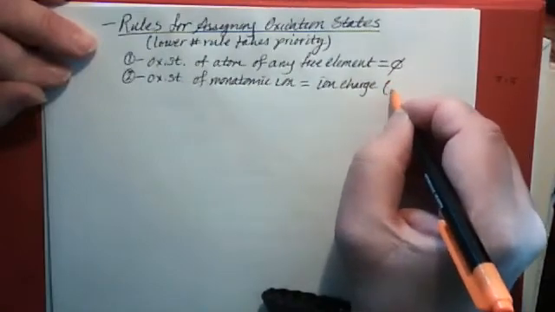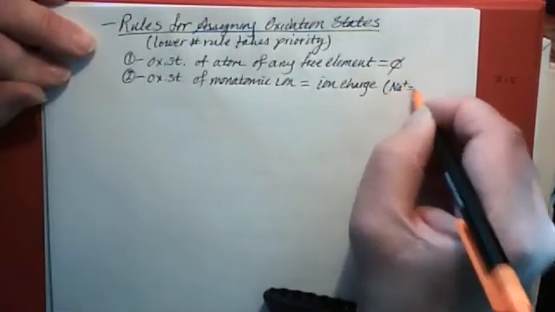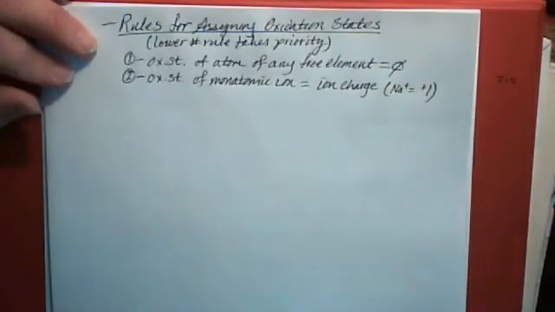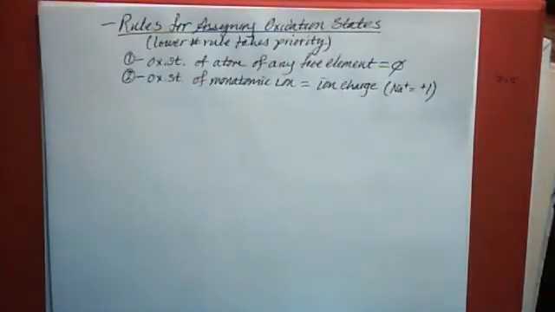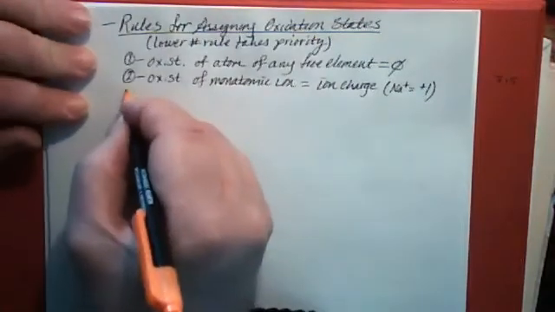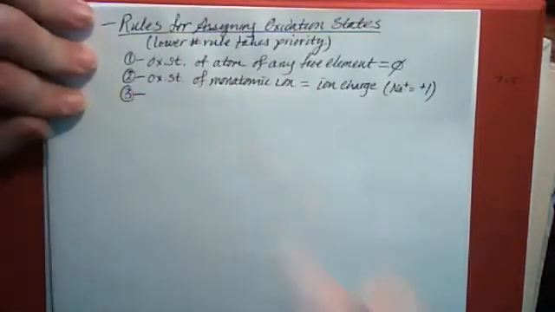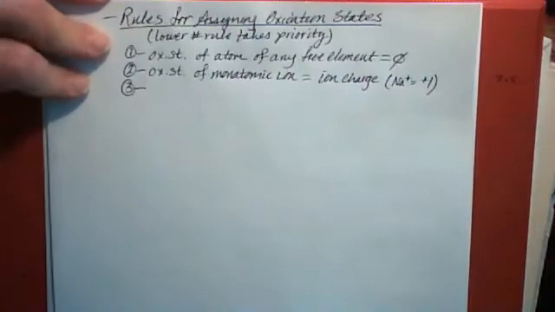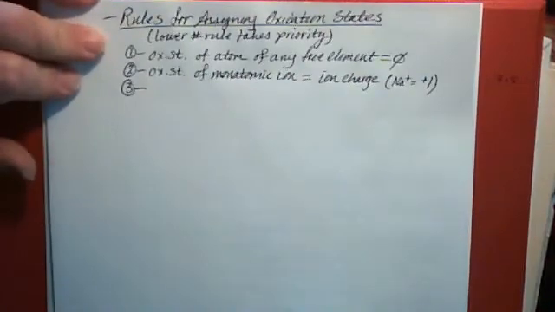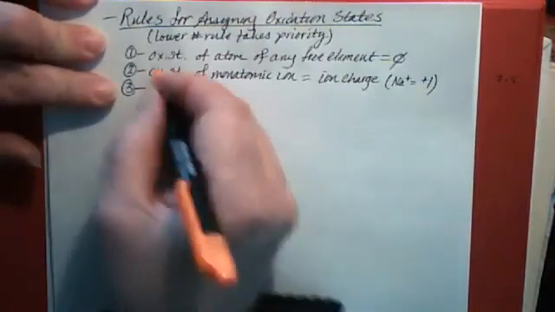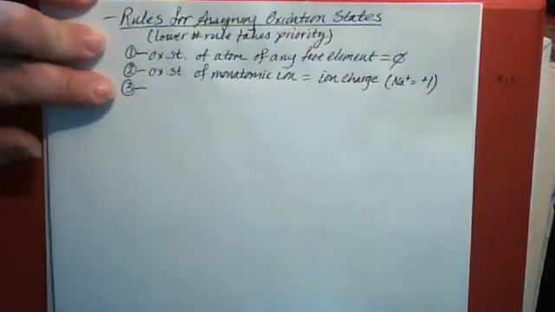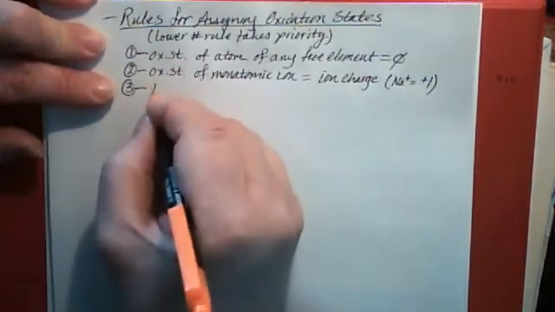Okay, so for example, if you have a sodium plus ion, then the oxidation state for that ion is +1. Seems pretty obvious. Rule number 3 is the total of all of the oxidation states of the atoms in a molecule have to add up to 0.